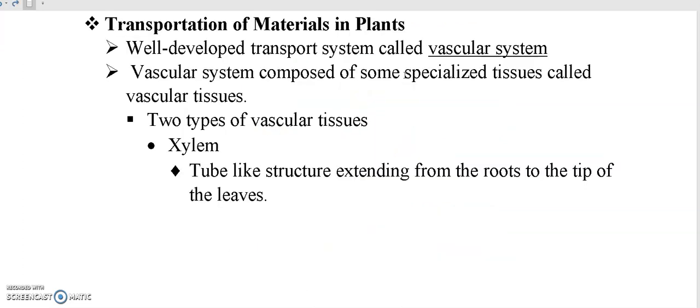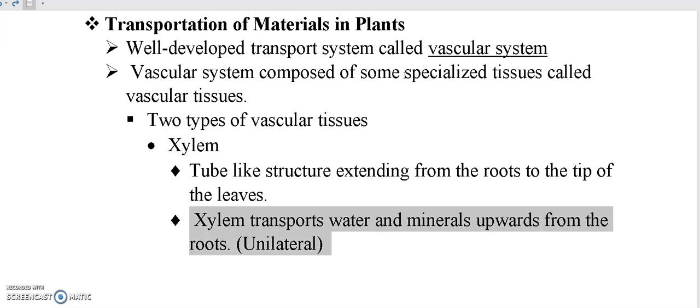What do they transport? They transport water and minerals, upwards from the roots. They go only in one direction because they need to transport water and minerals only upwards to the other parts of the plant so that they can grow.